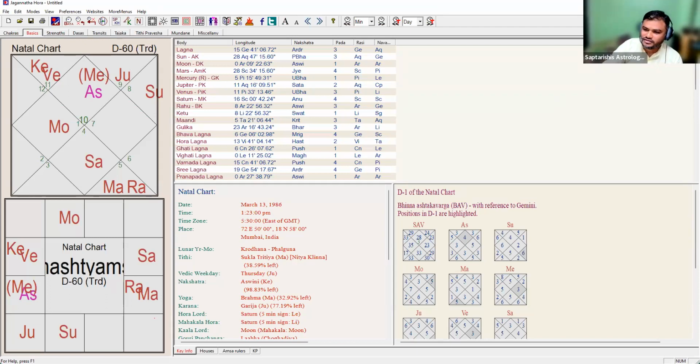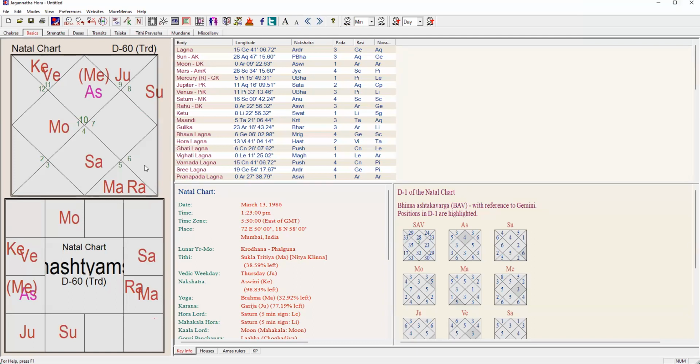But the thing is, we have some common sense. We are using mathematics. If we are saying 7th aspect is 180 degree, that is a degree-wise aspect. We have a Rashi aspect also. We have a Graha aspect. So degree-wise we are measuring now.